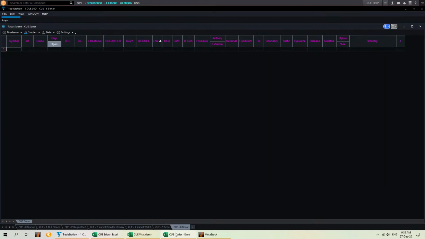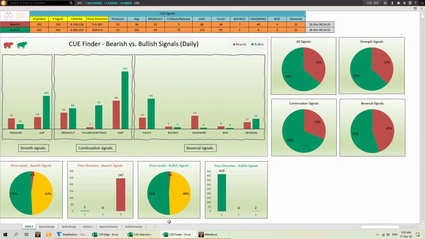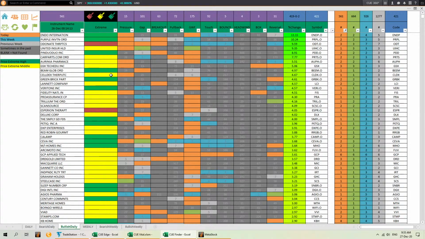This Q radar is similar to Q finder. Q finder is based on Q Global running on MetaStock, and Q radar is running on Q Elite on TradeStation. There are some differences. Of course, Q finder can show the technical breadth, and then we can very easily drill down and do multidimensional filters using the paint brushes and also using the flagging option.